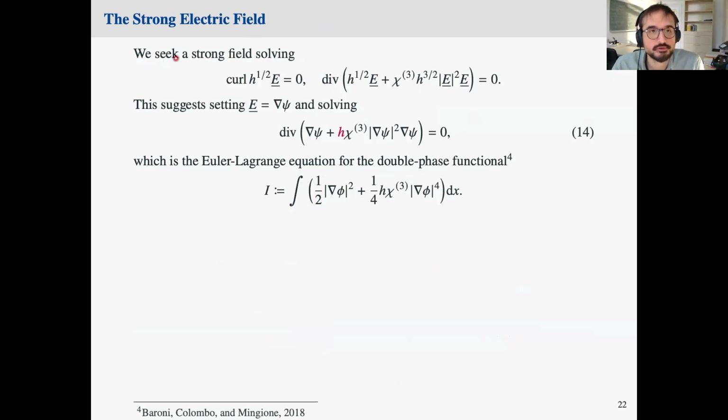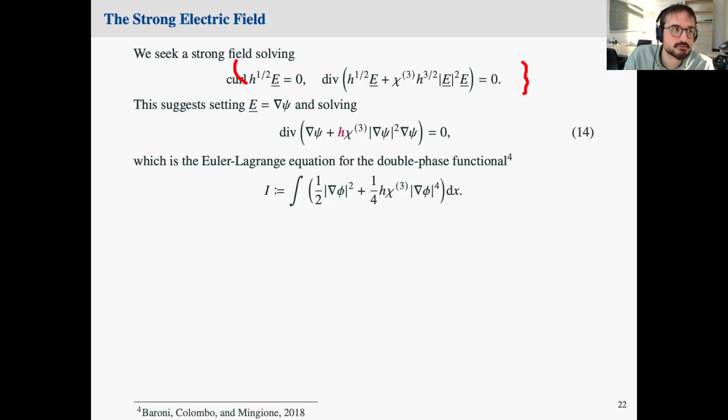So what we're looking for is a strong field which solves these equations. And this suggests that if the curl has to be 0, then, oops, sorry, we should be setting E to be the gradient of some function that is to be determined.